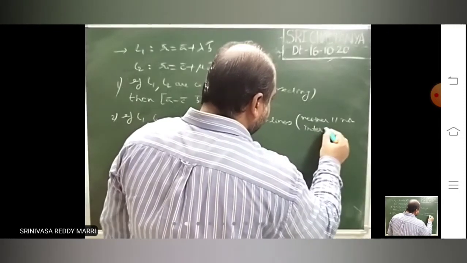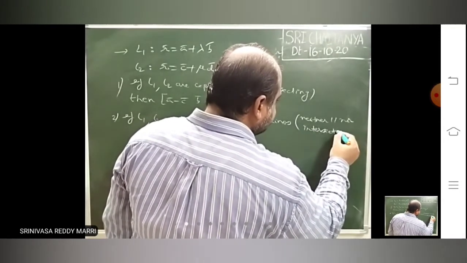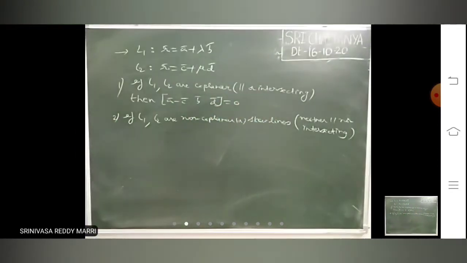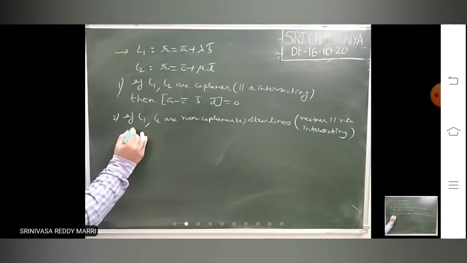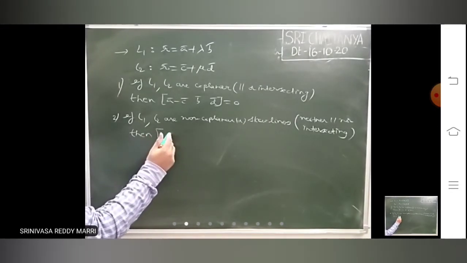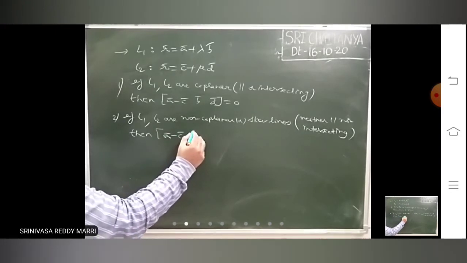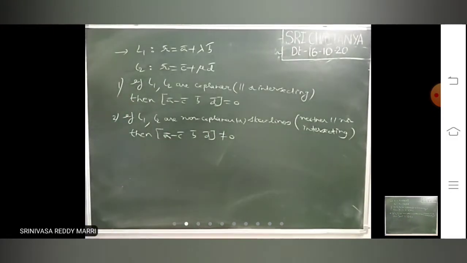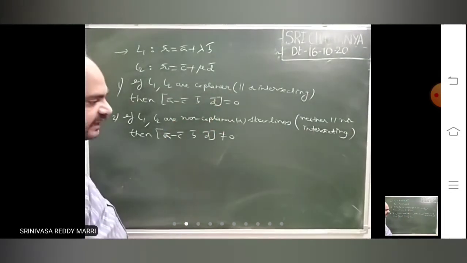Lines lie in different planes but are neither parallel nor intersecting. Those are called skew lines. Then the condition is not equal to 0.